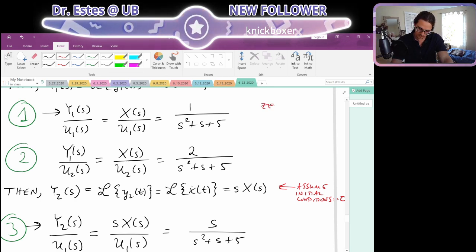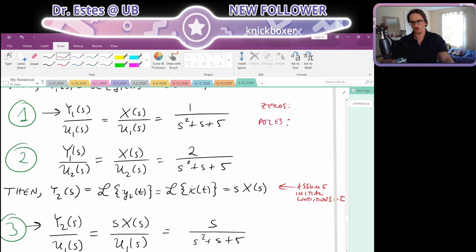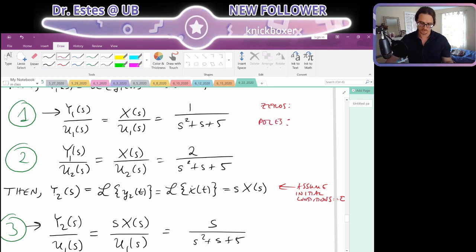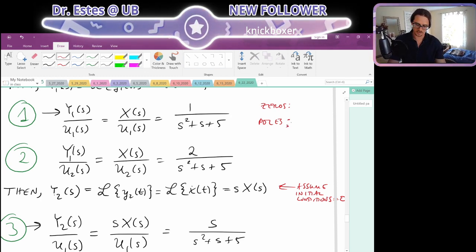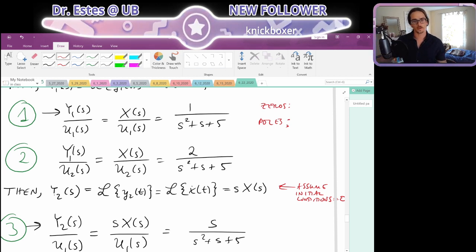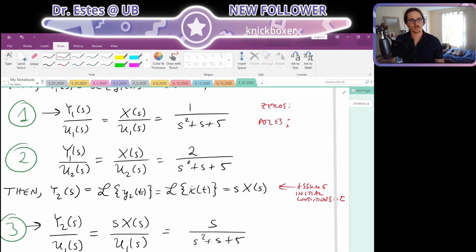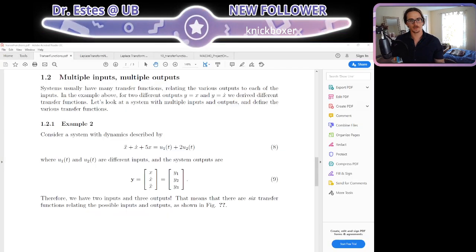Okay. Zeros, poles. So poles are the values of s that make this transfer function equal to infinity. We know that the way to get it is find the roots of the denominator.